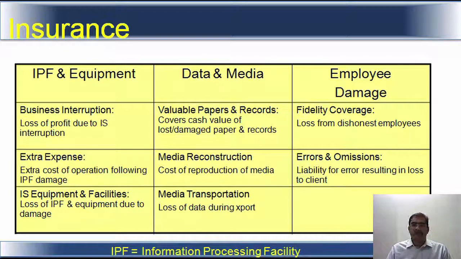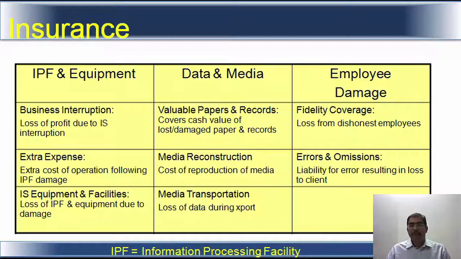Insurance is transfer of risk to an insurance company. Now IPF is information processing facility and equipment. Then there is data and media, then employee damage. There may be insurance for data and media in other countries.